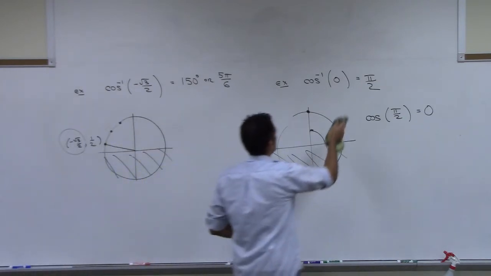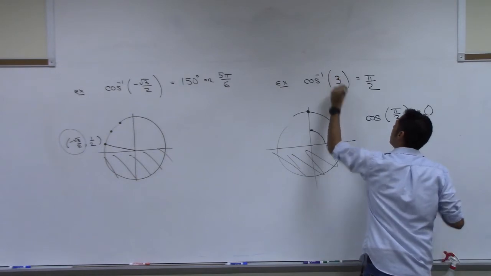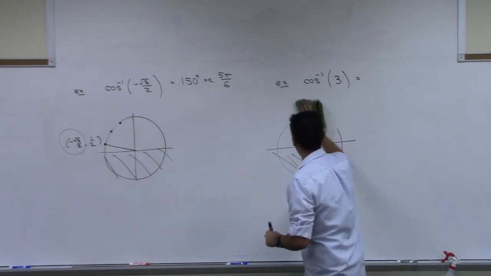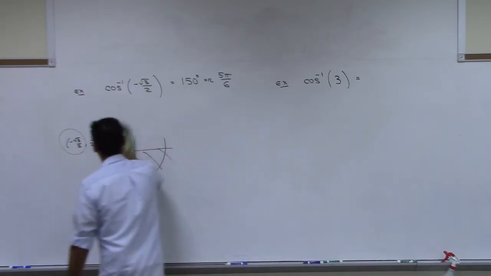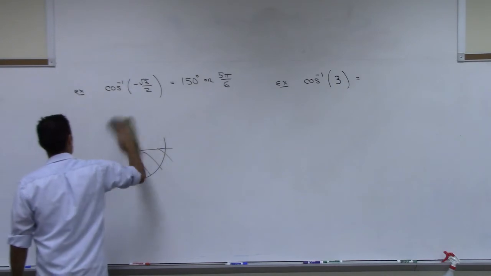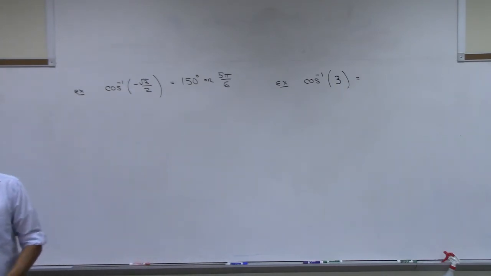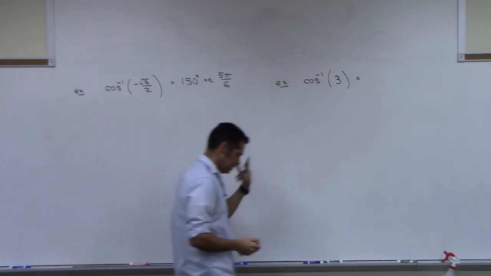All right, how about this one? Cosine inverse of 3. I haven't given you one like this yet. Try and verbalize it.